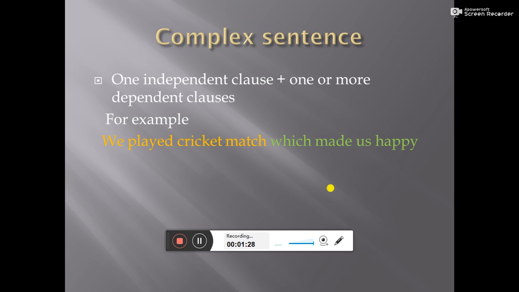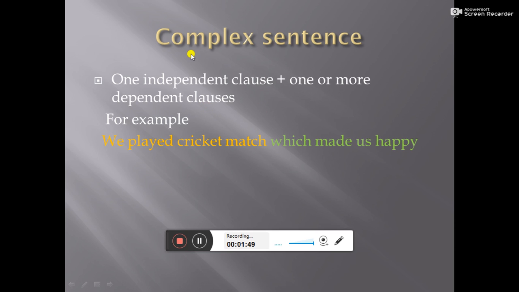Here we are going to see how a complex sentence is constructed. A complex sentence is a combination of one independent clause plus one or more dependent clauses.